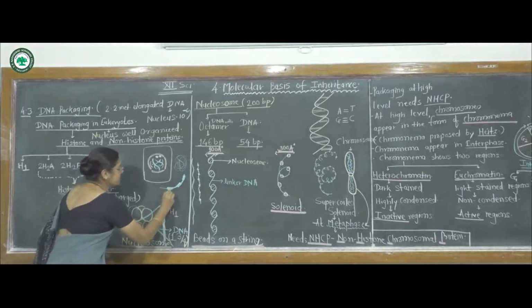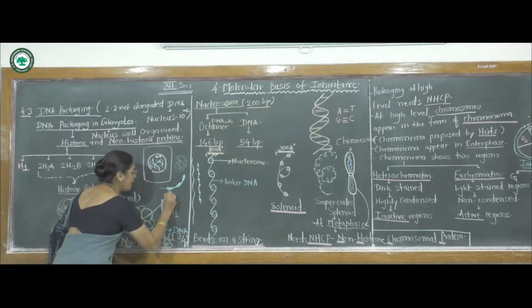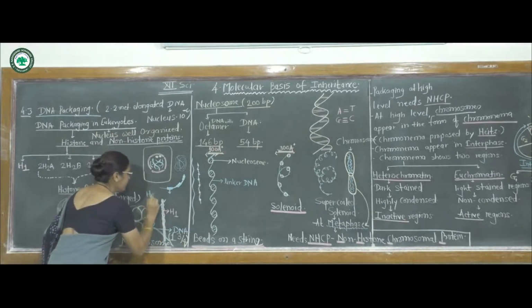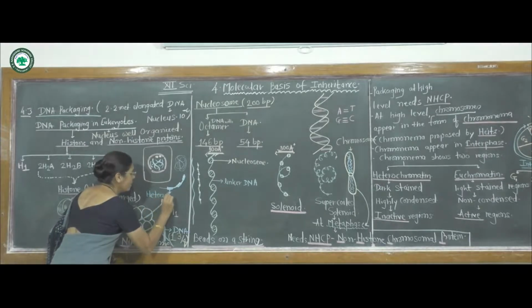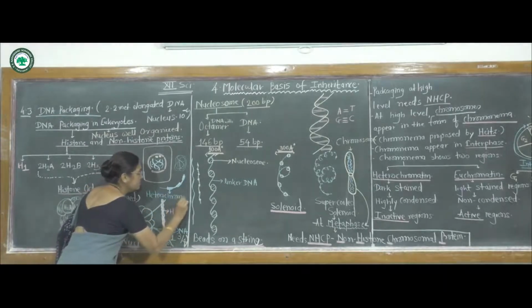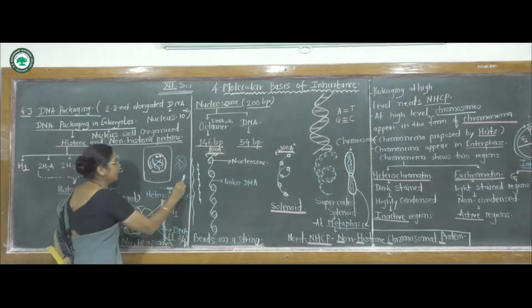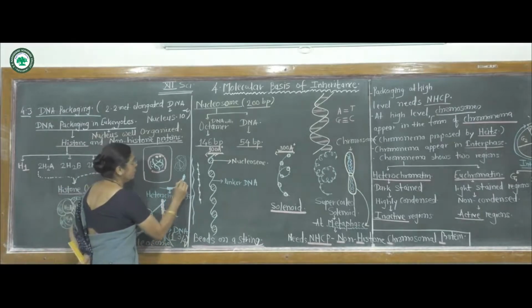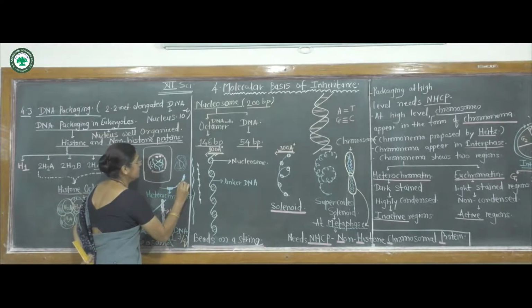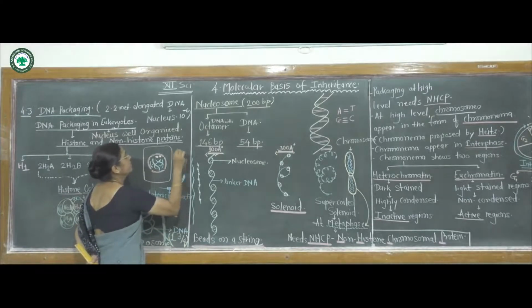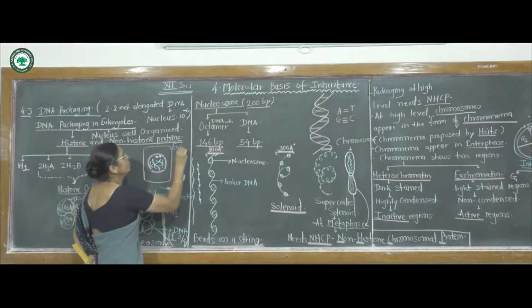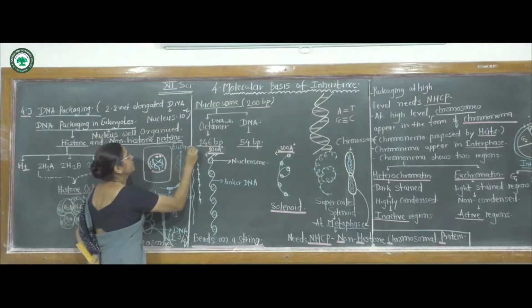So the dark stained region, which are the heterochromatin, while the light stained regions, which are the euchromatin.